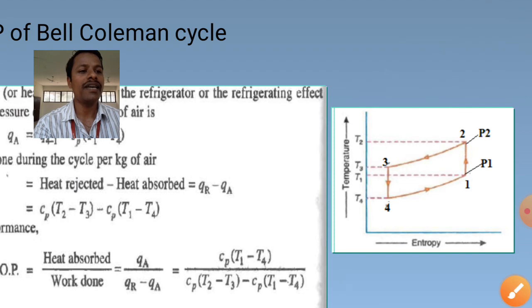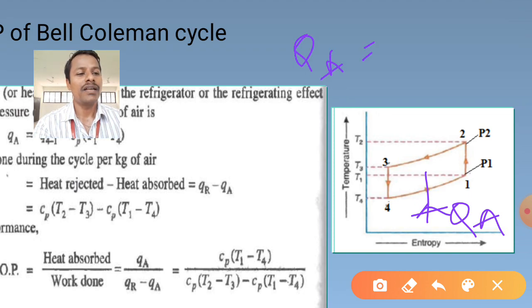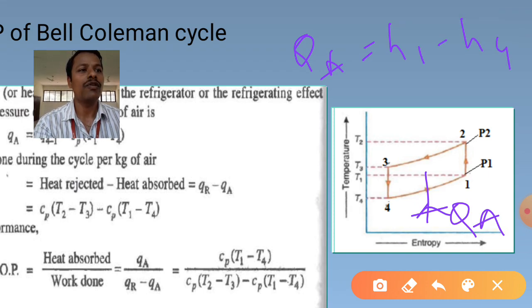The same equation I can use. And again, we are absorbing heat energy during the process 4 to 1. This is nothing but Q absorbed, QA, or small qa is also acceptable. QA we already know from the previous discussion, that is H1 minus H4, that is Cp into T1 minus T4.